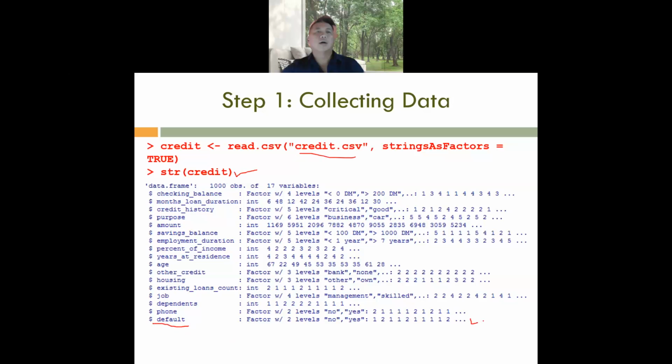Based on all this information, like the checking account balance, how many months on the loan, the credit history, amount, saving balance, employment duration, percentage of income, and so on, the system automatically uses these as features to split the data.